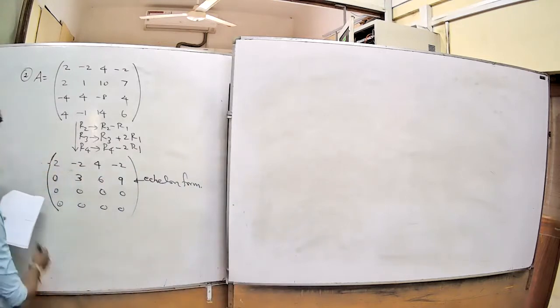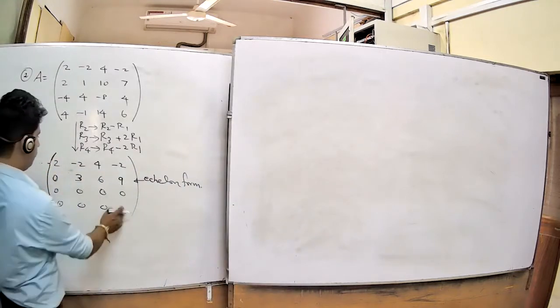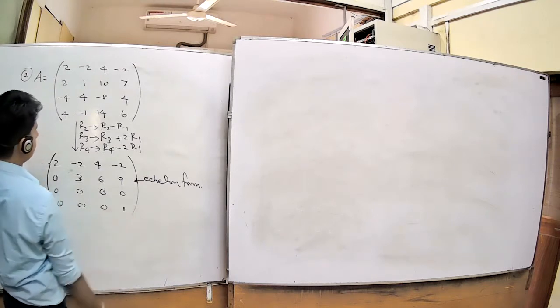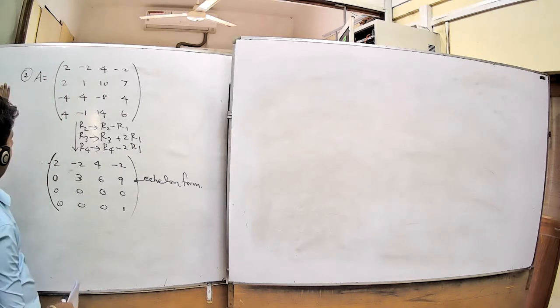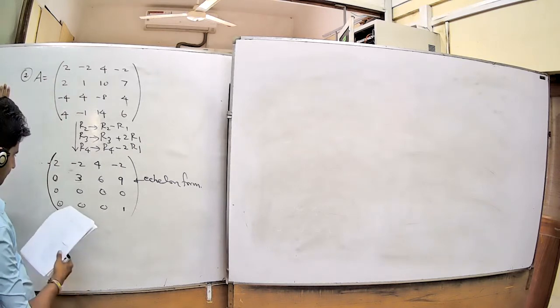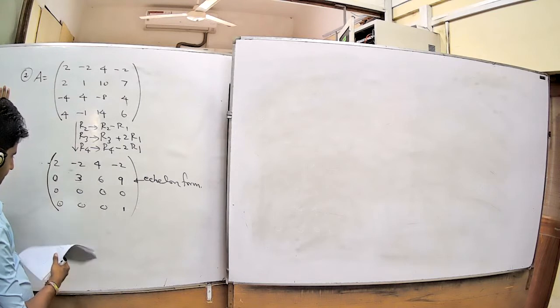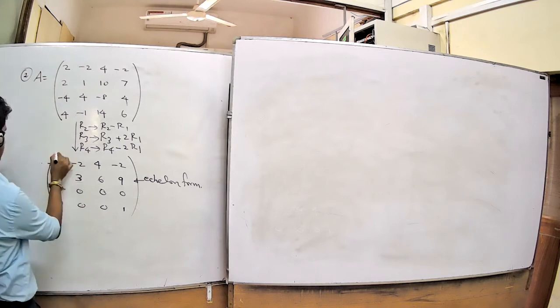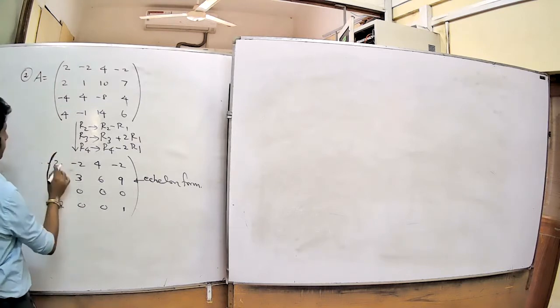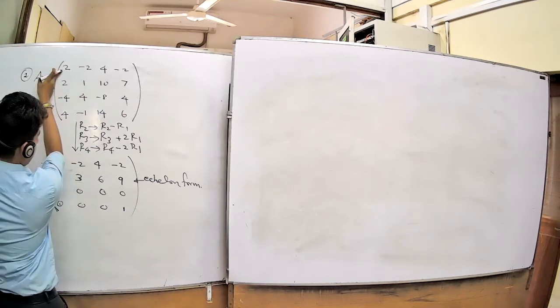Next, okay. Suppose here multiply by minus 2.